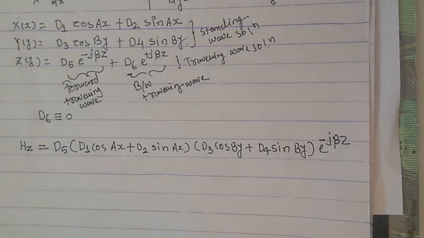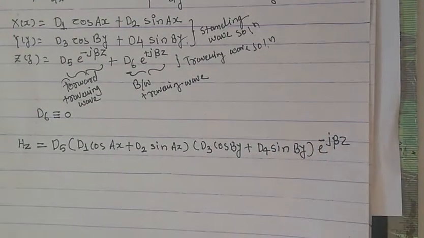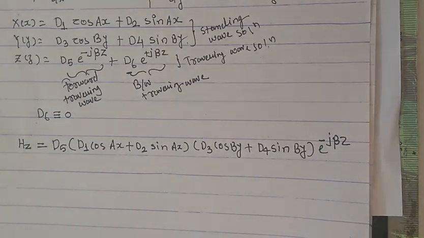Since this is a tangential component, we cannot apply the boundary condition for Hz directly. Therefore, arbitrary constants d1 to d5 now cannot be evaluated directly from Hz. Instead, first we have to derive the transverse components, and then one can apply the boundary conditions to those fields. That way we will get the transverse electric fields, so then we can apply the boundary conditions.